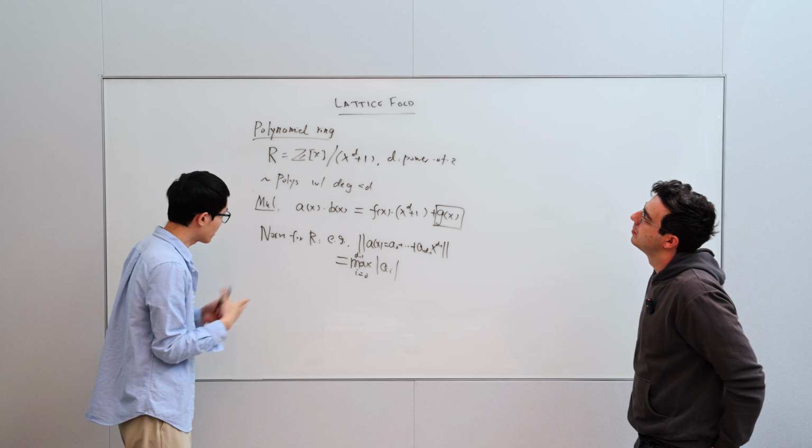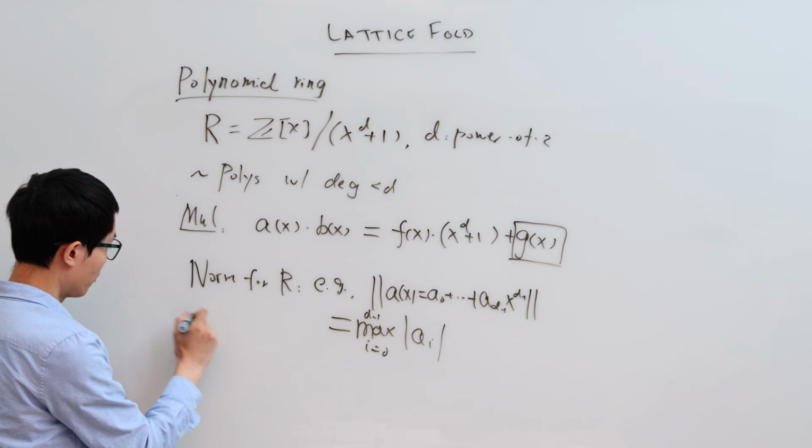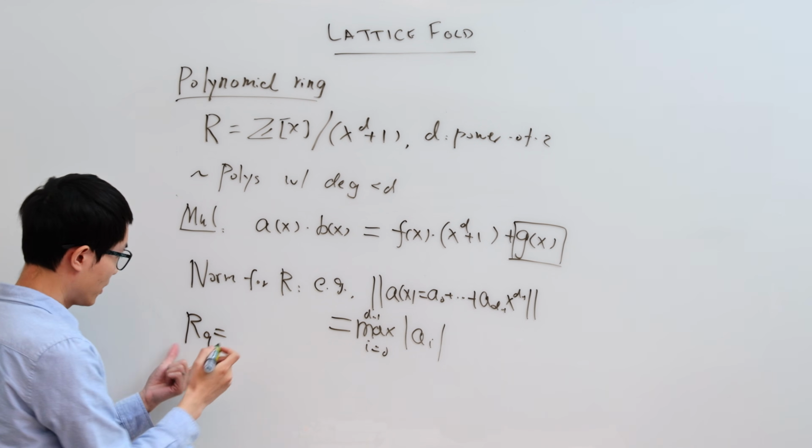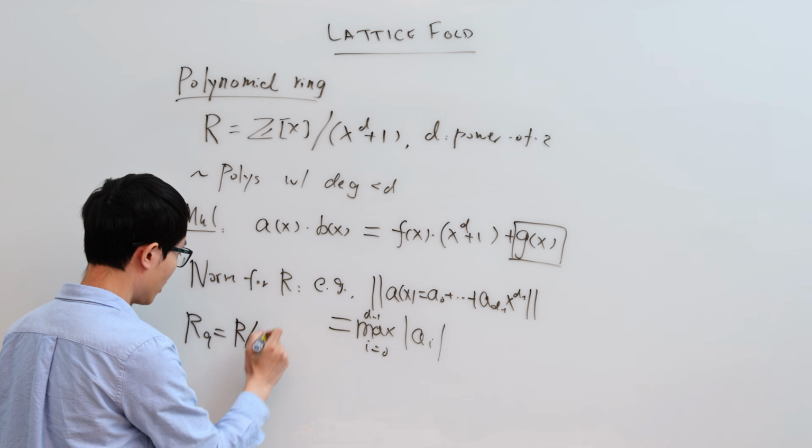So that's why typically in CPUs or GPUs we are doing arithmetic over R_q, which is defined to be these quotient rings or residue rings, R divided by qR.